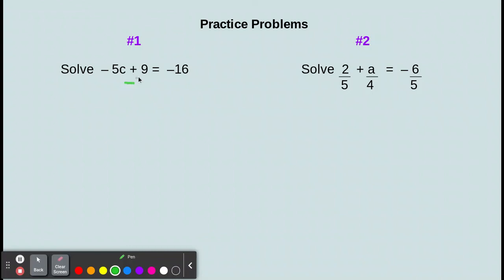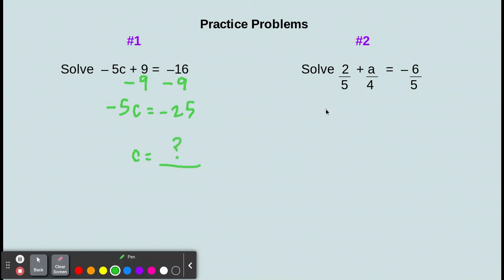We do the opposite. Opposite of addition is subtraction. So we want to subtract 9 from both sides. So we are left with negative 5c equals negative 25. Okay, so what are you going to do now? This is multiplication. You're going to do division, but what are you going to divide by? Okay, so you should get something for c.